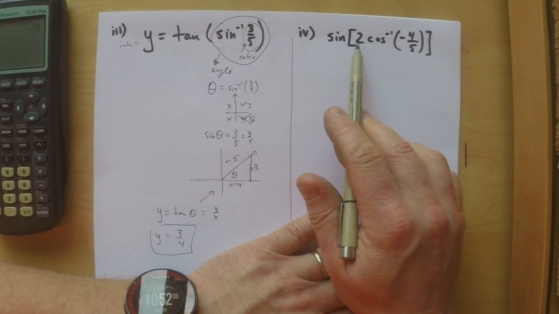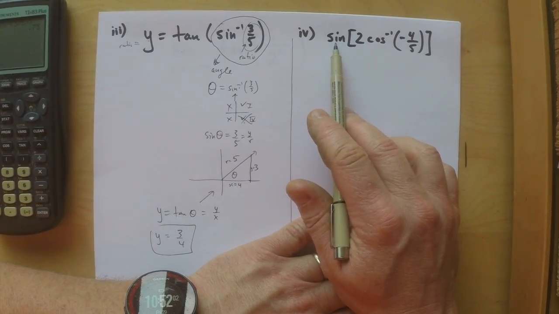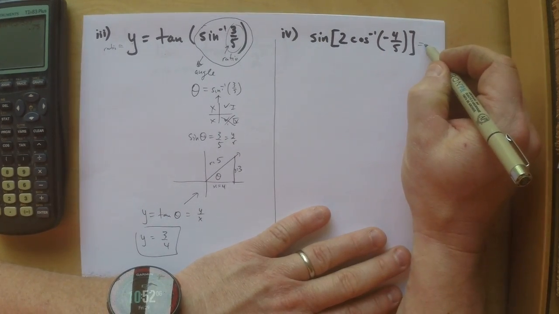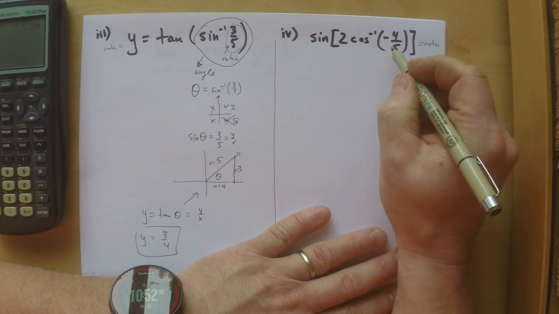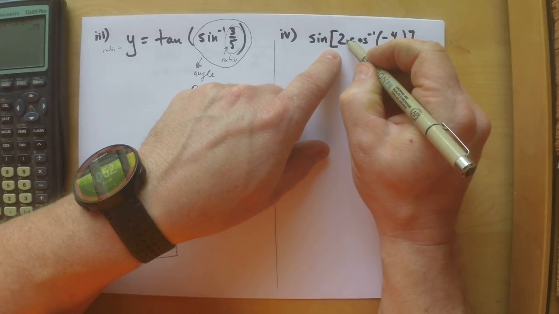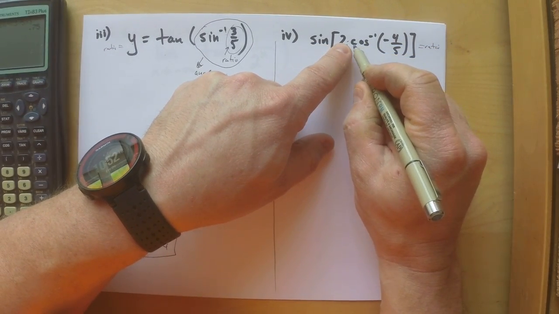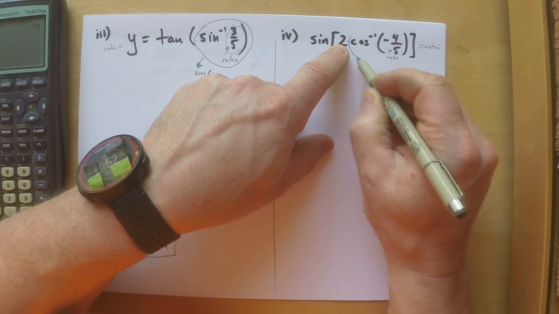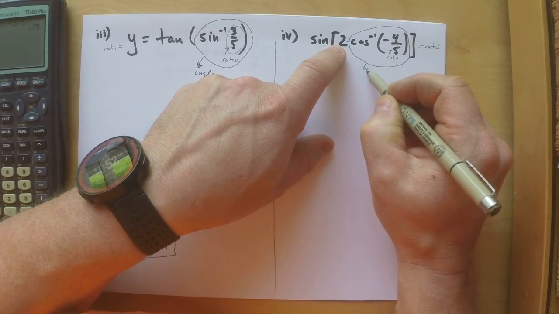I've got this weird mess inside this sine. So sine is going to spit out ultimately a ratio. I've got a 2 inside the sine that's multiplying this. This here is a ratio. Arc cos spits out an angle.